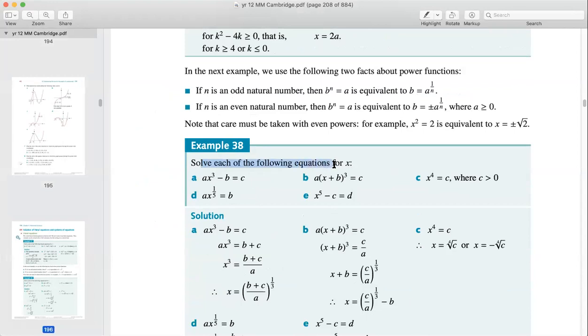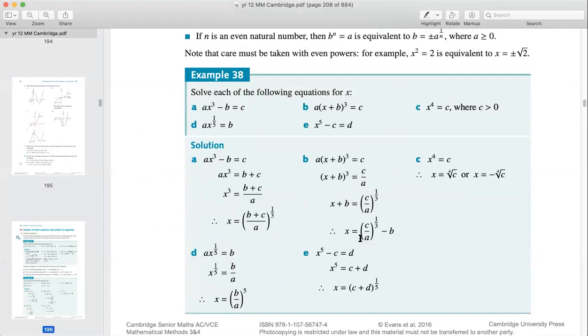Solve each following equation for x. So you must write x equals something in terms of A, B, and C, in terms of other things, even C and D. Okay, so again, for 37 and 38, we have to know which one is unknown and which one is an arbitrary constant.